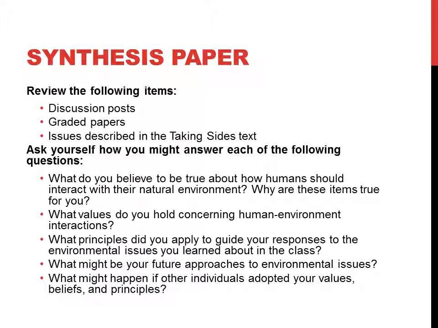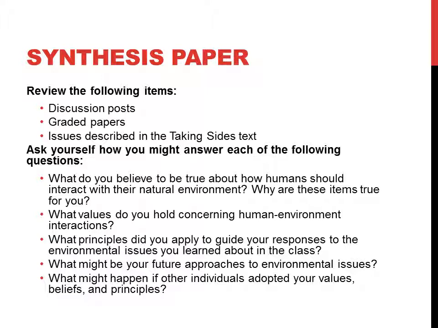In other words, which of these principles that we discussed did you apply? Do you have any new ones? And how would you define those principles? And then again, looking forward, based on what you understand yourself to be, what might be your future approaches to environmental issues, and what might happen if other people adopted your set of values, beliefs, and principles?